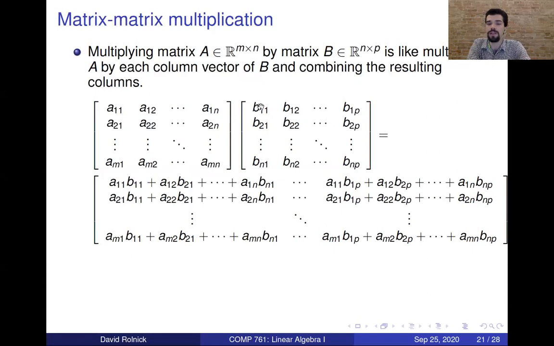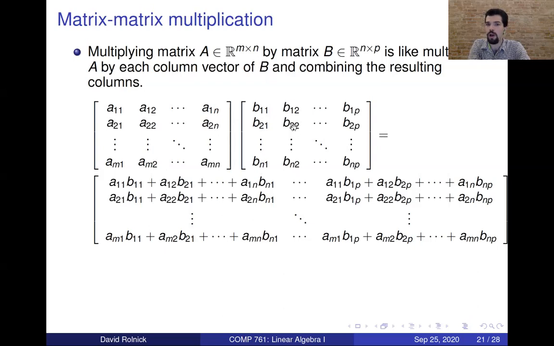So we take the resulting column vectors and we just concatenate them. The first column is the first column of B multiplied by the entire matrix A. So this column is dotted by this row, dotted by this row, dotted by this row, and so on. That's what this column is.